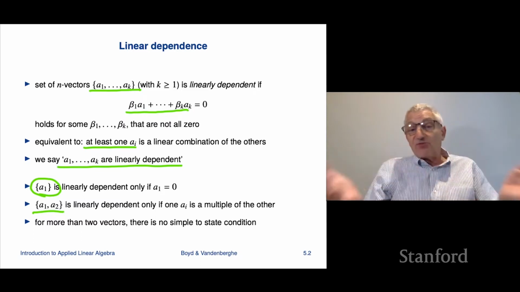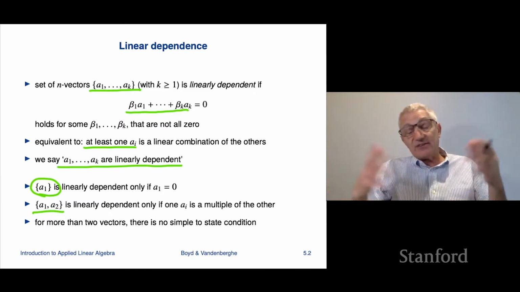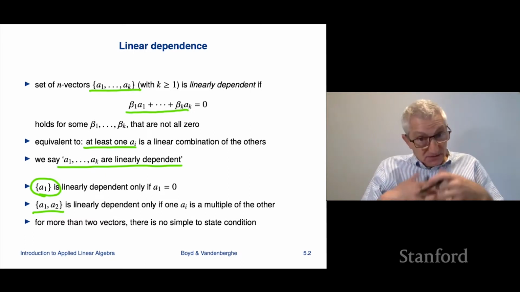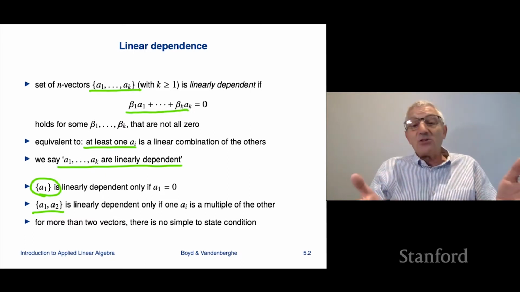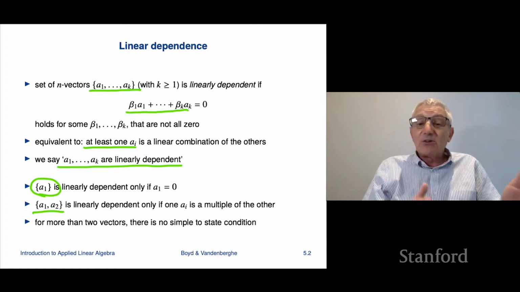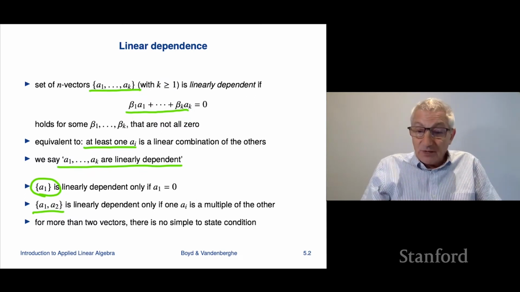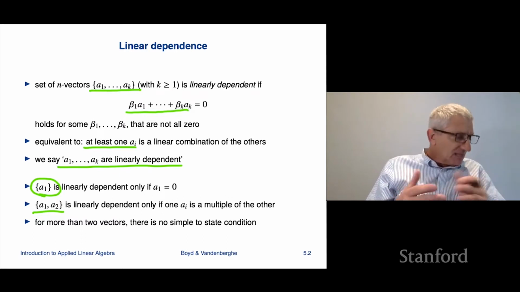I can't tell you that for 4 vectors, they're dependent if blah, blah, blah. It's complicated. We will see later an algorithm that will take a set of vectors, process them, and tell you in the end if they're linearly dependent or not. So we'll be able to check that, but it's a computational thing. It's not something you can do by just looking at it. I mean, it depends, right?